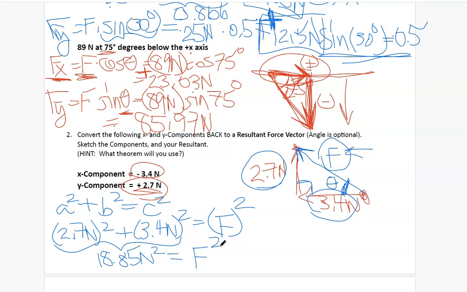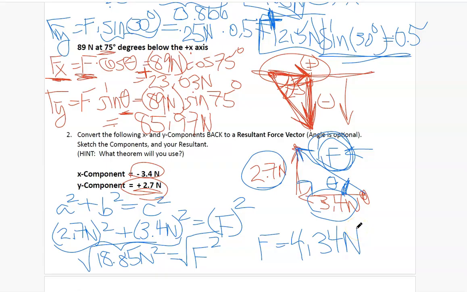That means we have to take a square root to get rid of the squares, and therefore the resultant force magnitude is the square root of that number, and using your calculator, you find it has a value of 4.34 newtons approximately.